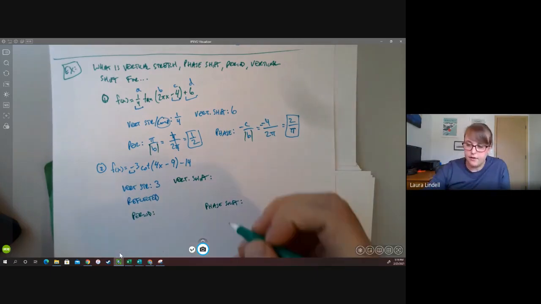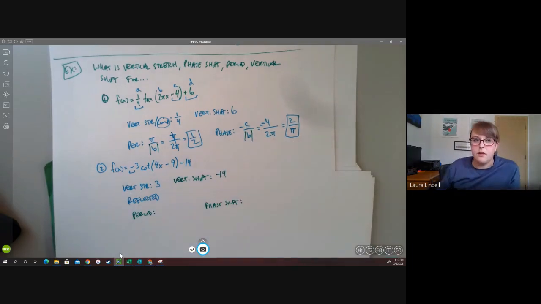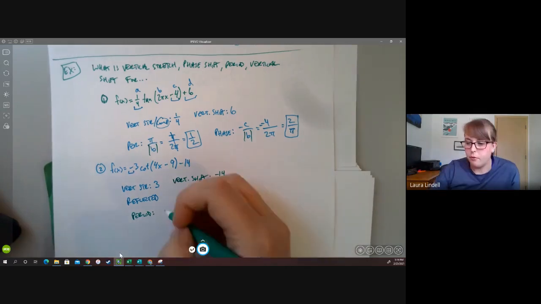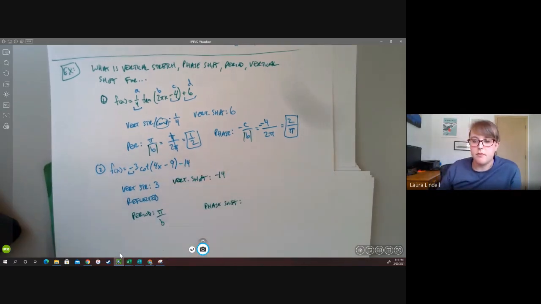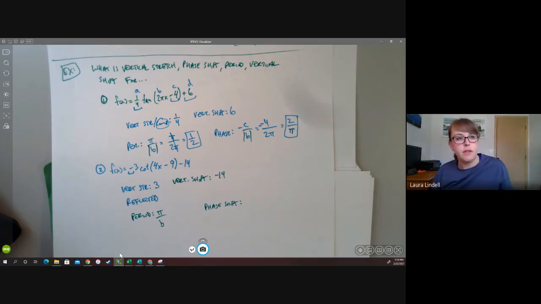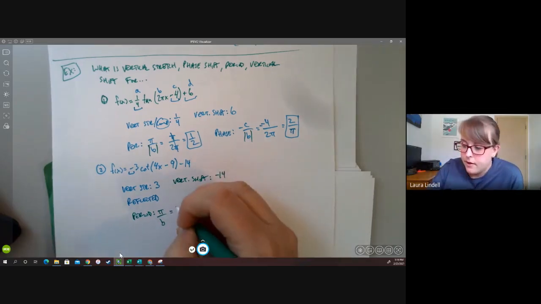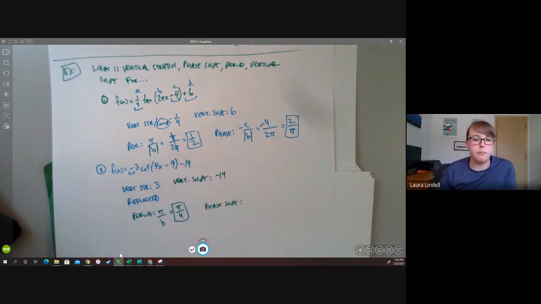Yeah, negative 14. What about the period? Period might take a little bit more work. You have to do the whole pi over b thing. What do we get? Yeah, we can just leave that as pi over 4 because b is 4. So pi over 4 would be the most exact form of the answer of the period.